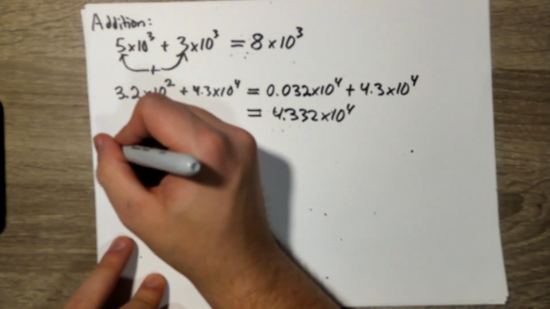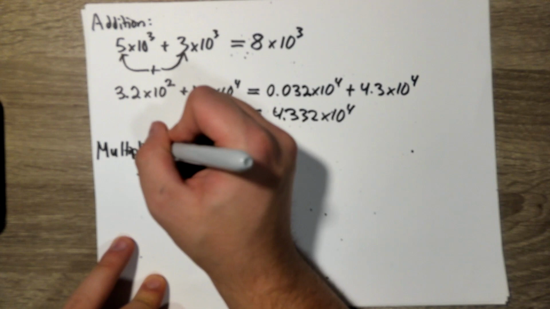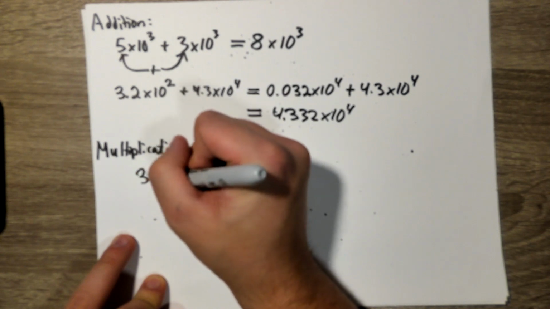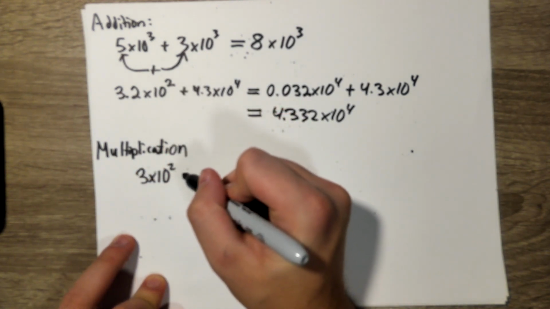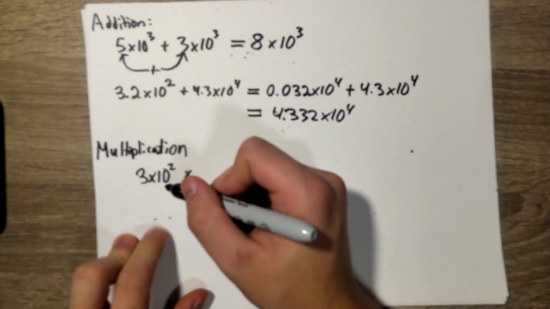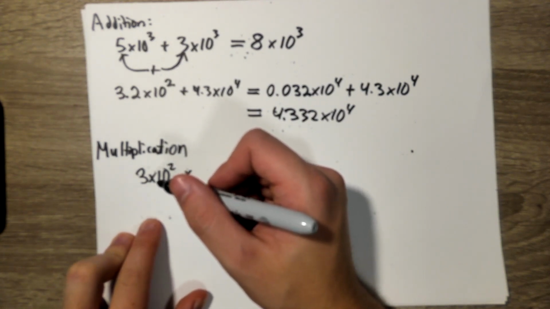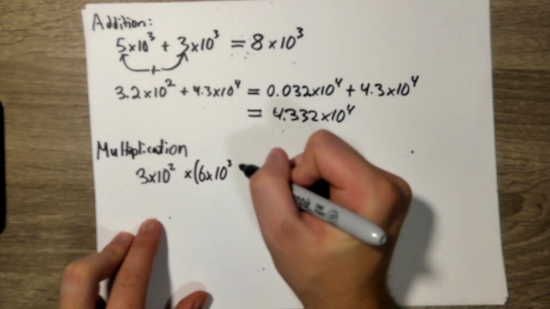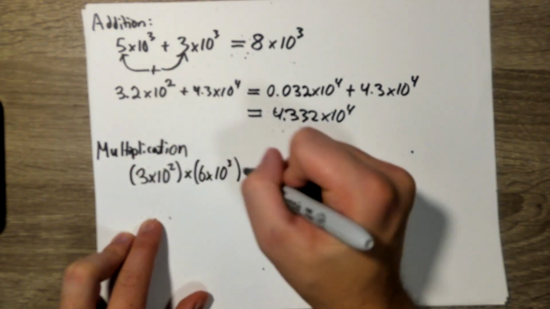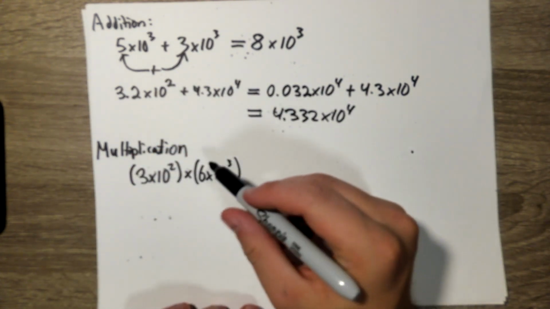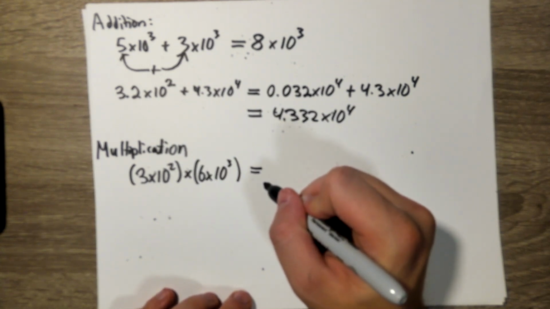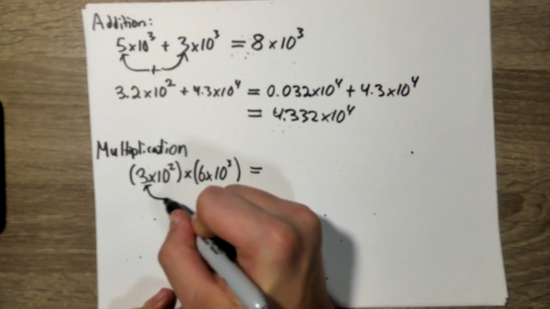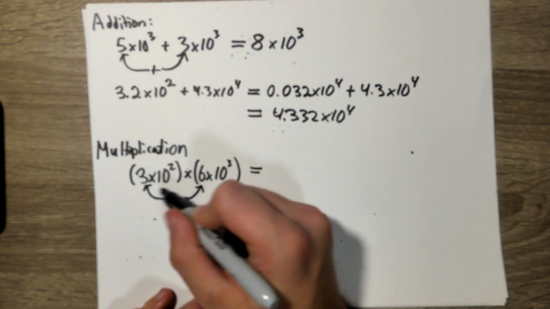Now, moving on to multiplication. This one is a little bit different. Say you take 3 times 10 to the 2, or 300 in regular notation, and multiply it by 6 times 10 to the 3, or 6,000. I'll put brackets around them to differentiate the two scientific notation numbers. Now what you do is multiply the first numbers of each.